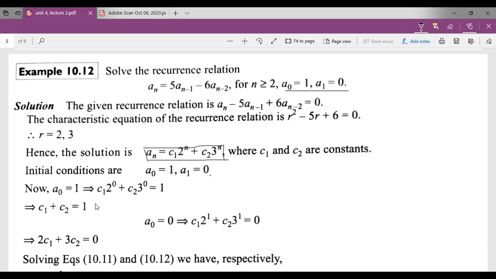So the equation is C1 + C2 = 1. C1 + C2 = 1. So next, we put n = 1 in this equation. Let it be equation 1.